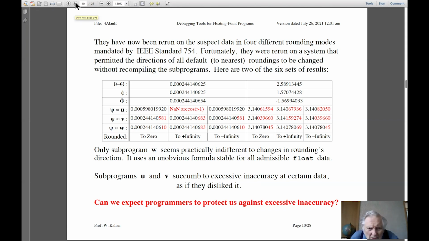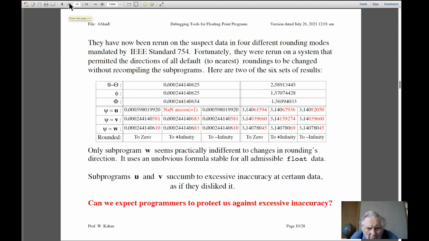When you look at these results, let's take a look at the first psi computed by a contractor whose program's name is U. You can see 3 values because you can round to 0, to plus infinity, and to minus infinity. And that's the spread that you get.